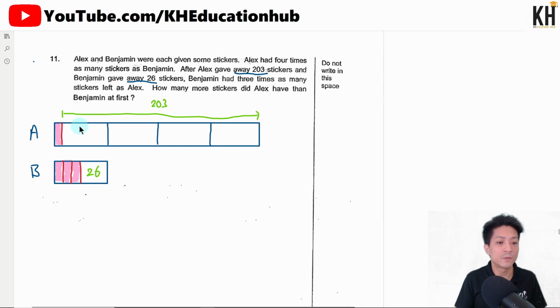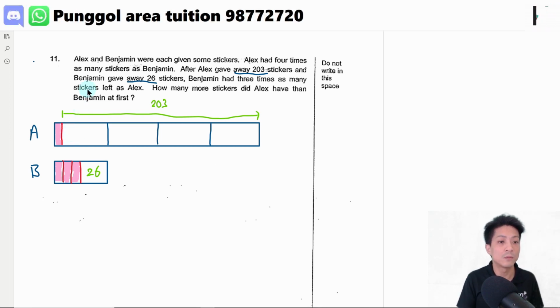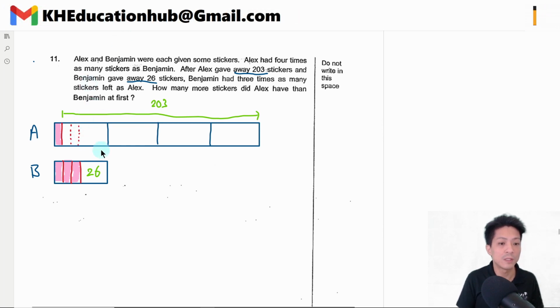From here, we can start to cut it up this way. The block on top, you can cut it up into this, and another 26. I'm not going to continue cutting it up.